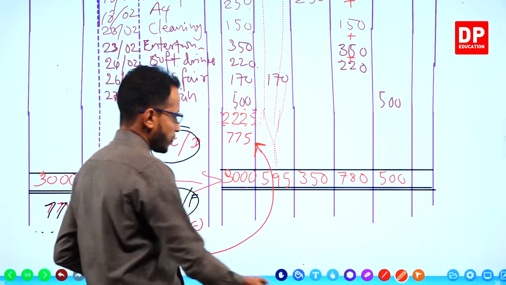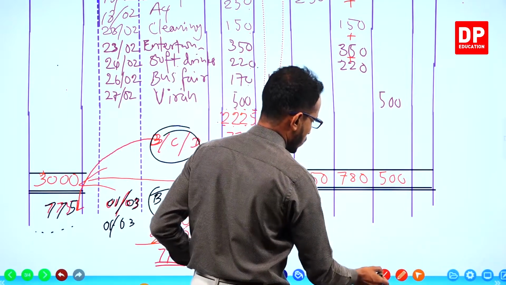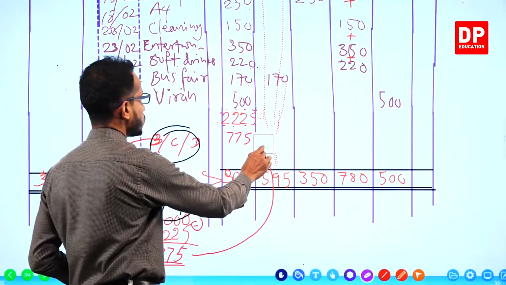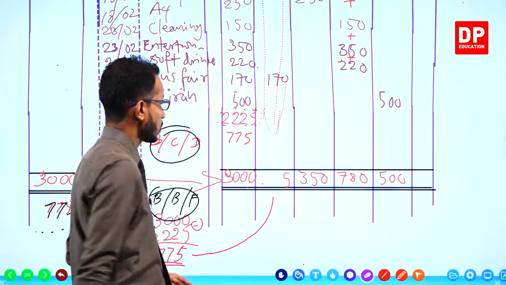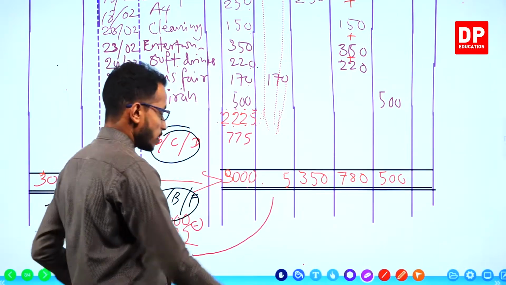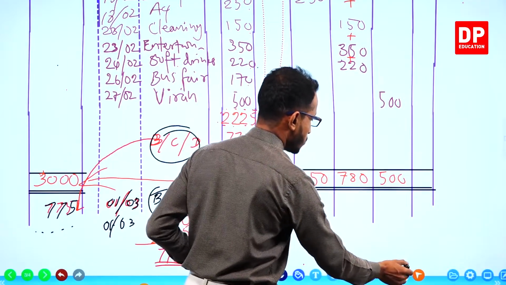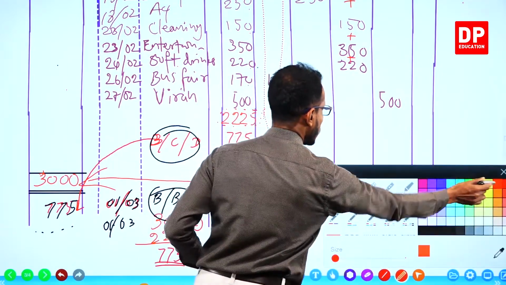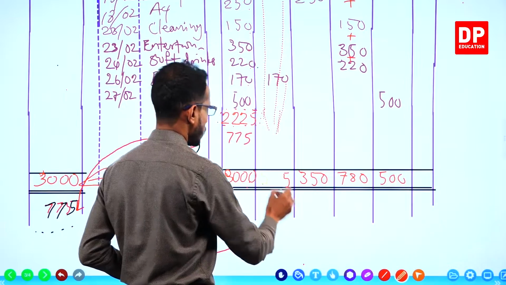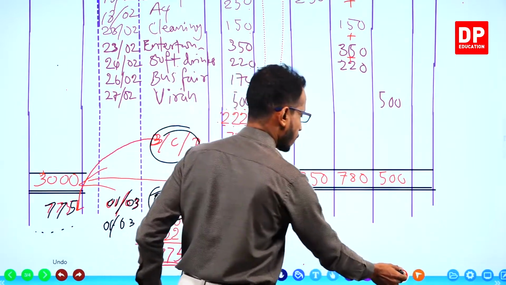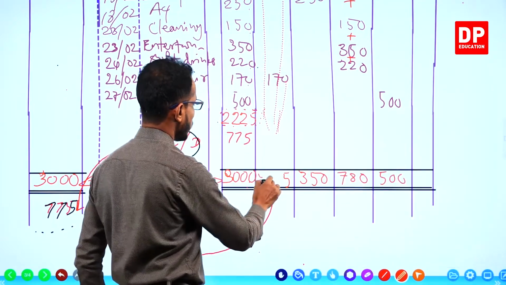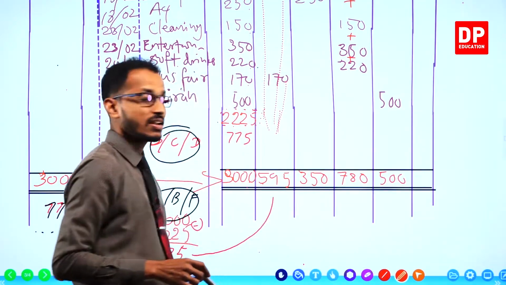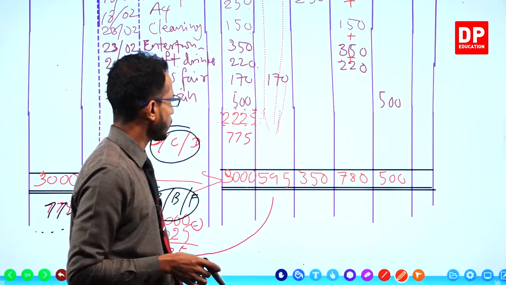Yeah, we must do that, because the question has very clearly mentioned that we should draw the relevant ledger accounts too. Okay.